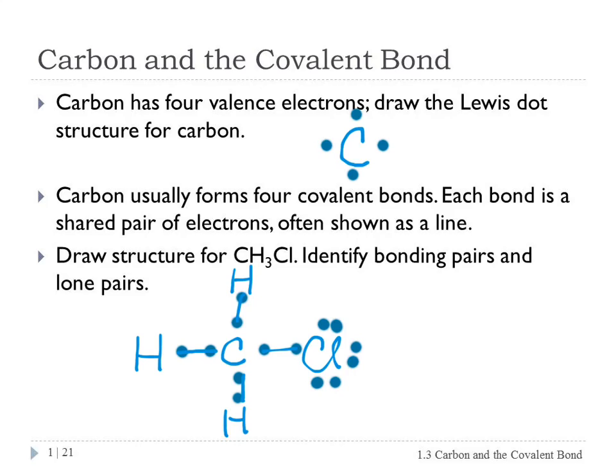And by doing that, the chlorine now has 8 electrons. The carbon has 8 electrons, and each of the hydrogens has 2. Remember, hydrogen's an exception. It only needs 2. So normally we would draw the structure like this and leave out all the dots. Any questions?